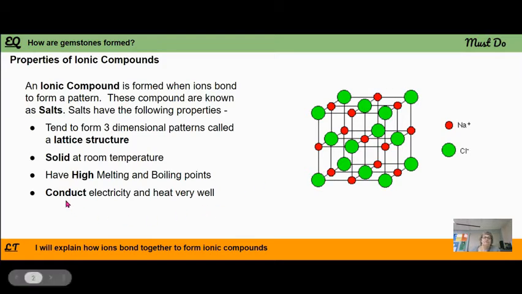So ionic compounds tend to form a lattice structure. They are solid at room temperature. They have high melting points and high boiling points, and they conduct electricity as well as heat very well.